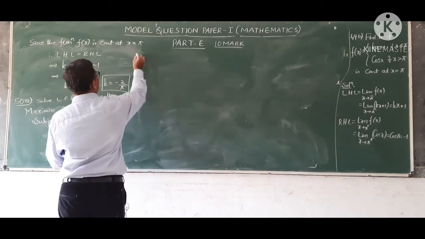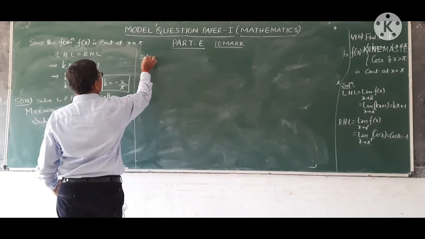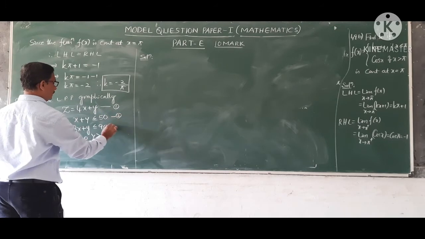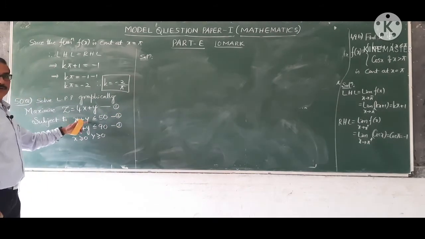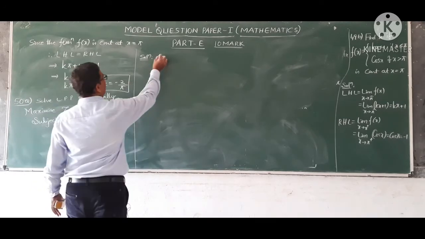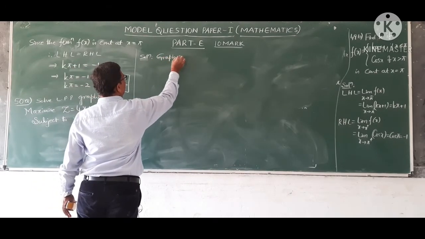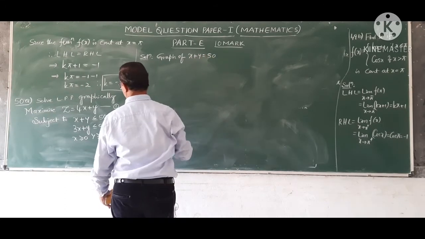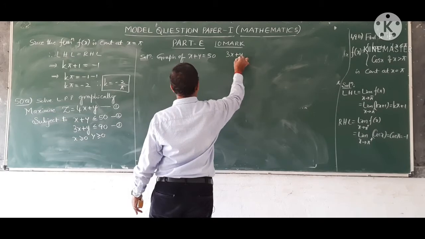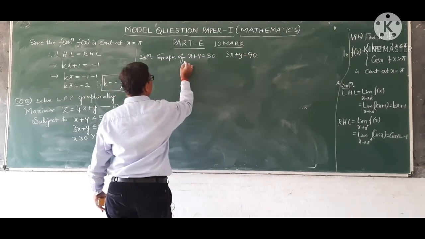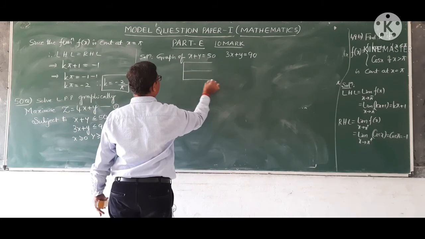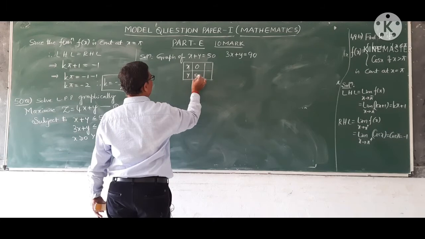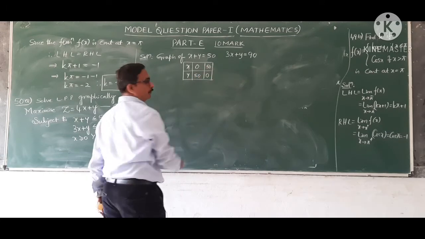So how to solve? Here this is the objective function, and these are the constraints. The first step is to convert the inequalities into equations: x plus y is equal to 50, and 3x plus y is equal to 90. To find the points, put x is 0, y value 50; y is 0, x value 50.